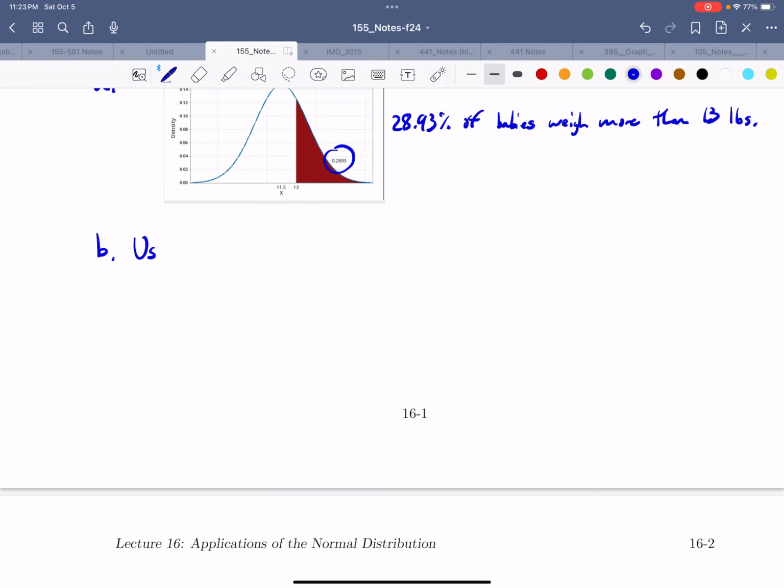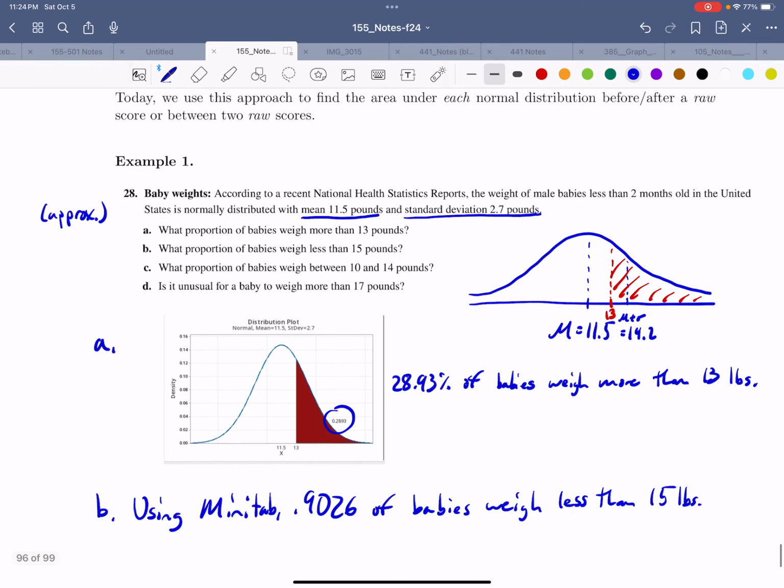I'll just say using Minitab, 0.9026, I think, of babies weigh less than 15 pounds. Right, that was what I said.